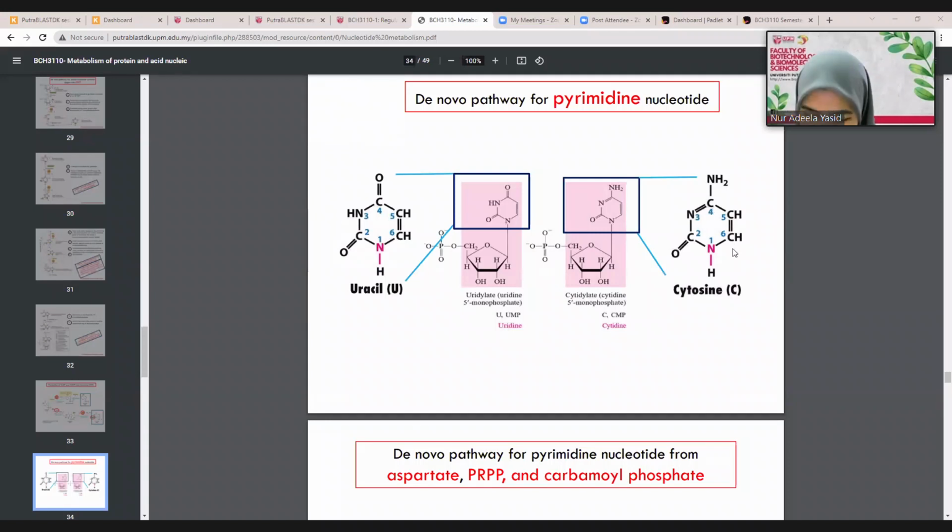Also N1. So N1, C4, C5, C6 are derived from aspartate.